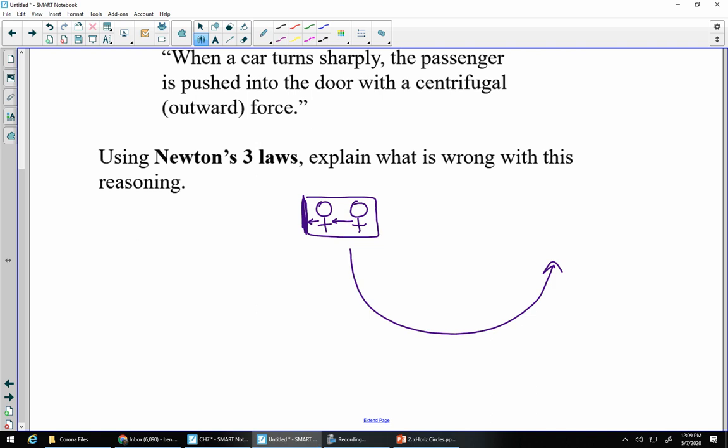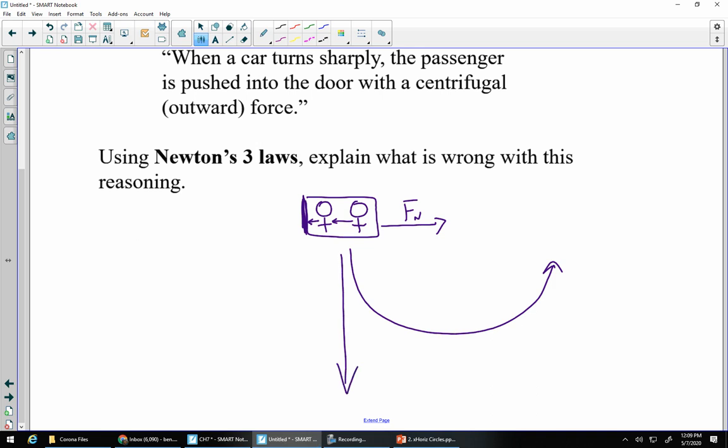It feels like you are being forced to the outside of the car, when in reality, that's not actually what's happening. The car is actually forcing you, so I'm going to call it, what should we call it here? Normal force and friction force, technically. Call it the normal force between the car's door and you are actually pushing you towards the center of the circle, preventing you from flying out of that circular motion.